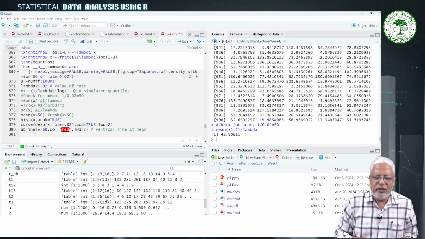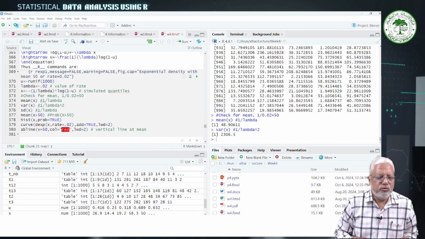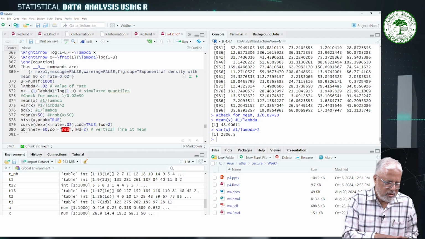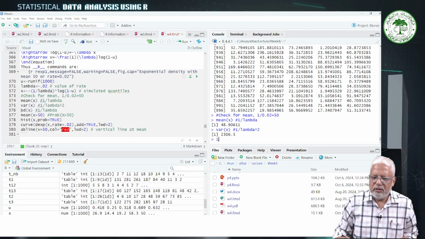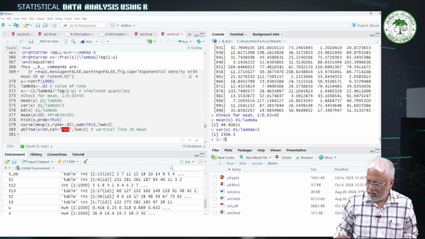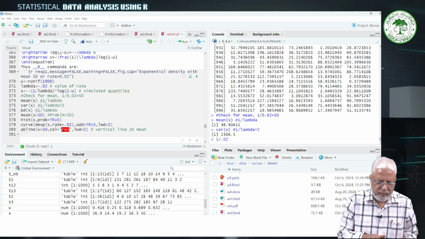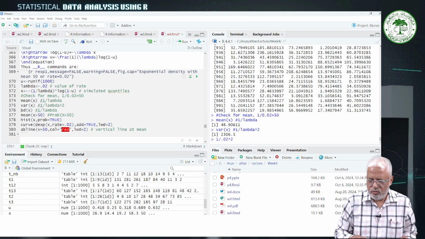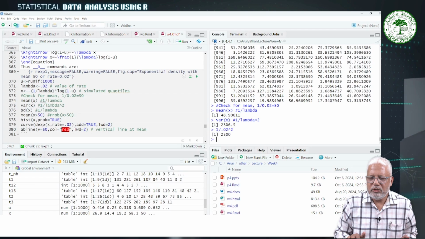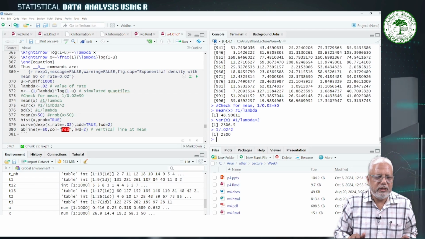It is 1 by lambda square. So that means it should be 1 by lambda square, and lambda is 0.02 whole raised power 2. So this is 2500, and 2306 is the variance.